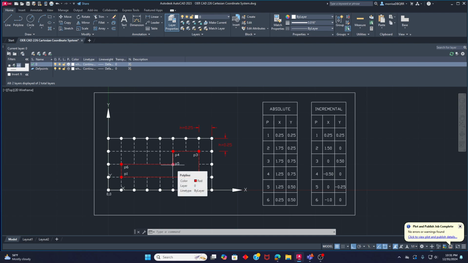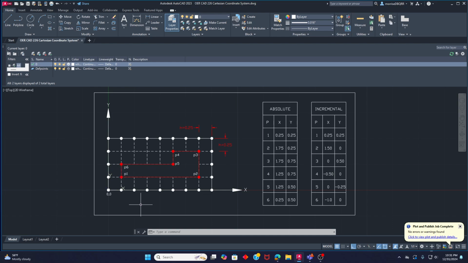Now we need to go back to point 6. Well, point 6 is going to be 0.25 in the X and 0.5 in the Y. Now, if we were going to go back to point 1 again, which we would have to do in order to get back to our starting point, we would simply just put 0.25 again and then 0.25 in the Y. That would bring us back to this point. So basically you have machined all the way around this L shape here.